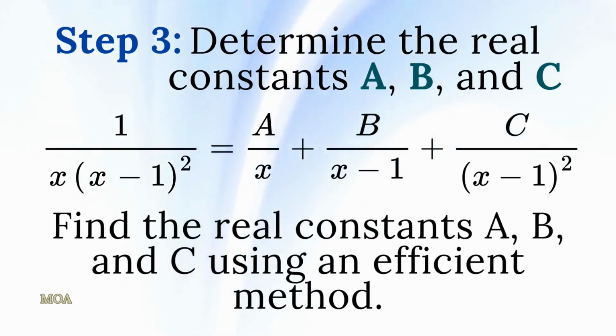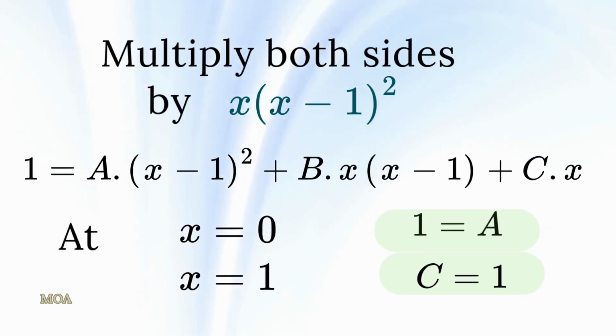In step 3, we determine the real constants A, B, and C applying an efficient method. First, multiply both sides by x times x minus 1 squared. This gives 1 equals A times x minus 1 squared plus B times x minus 1 plus C times x.